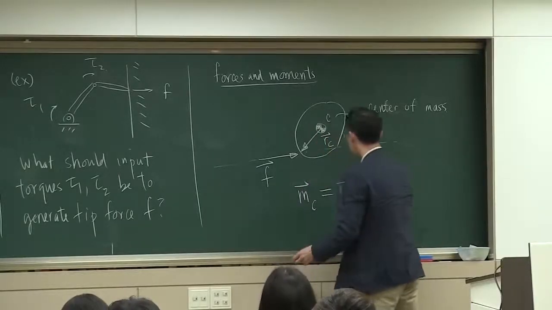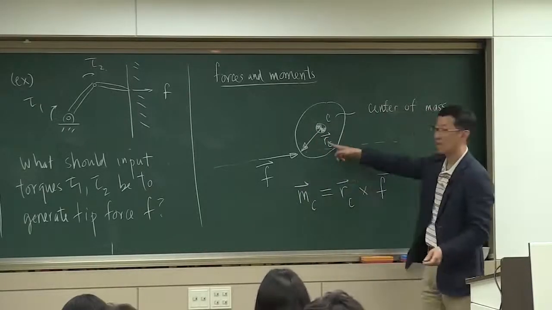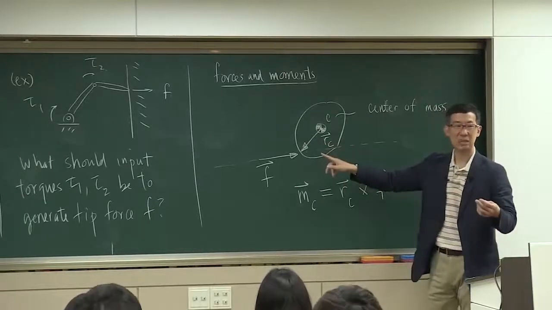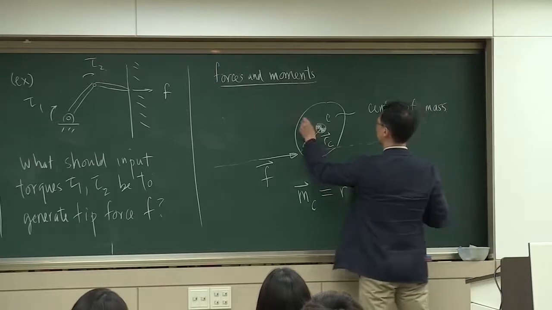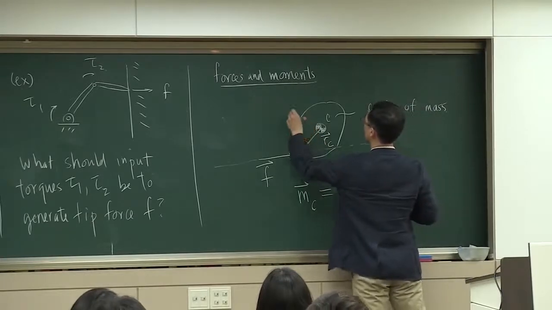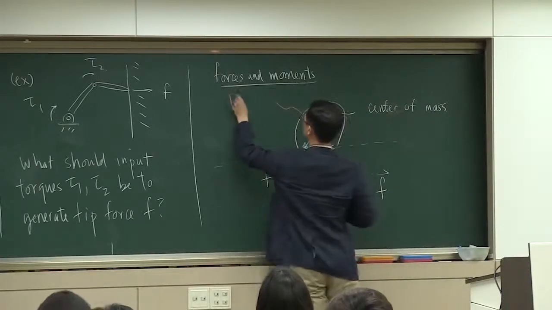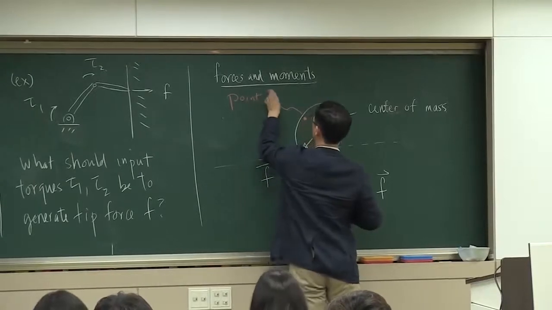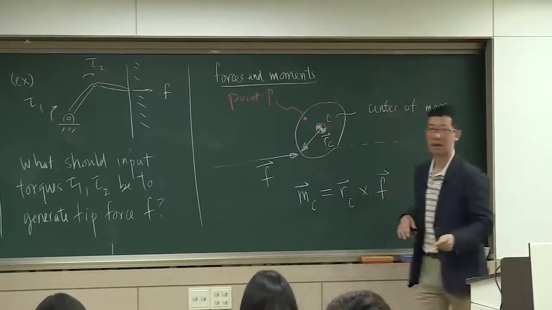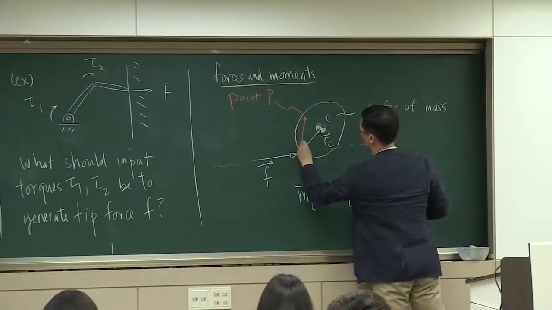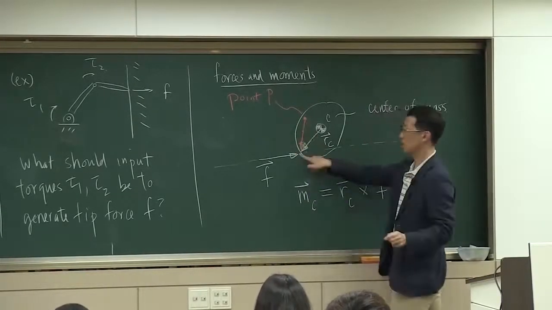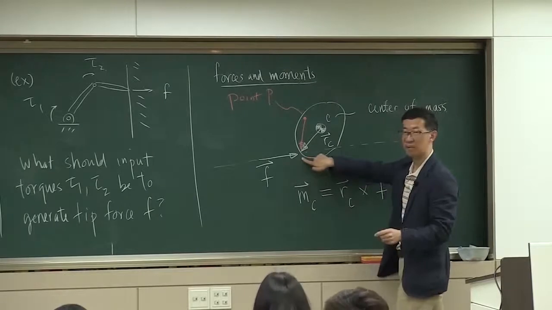You can define the moment with respect to the center of mass, but in fact you can define the moment with respect to any point. If I have some point, say here, let's call that point P, then I can define another vector from point P to the point at which the force is being applied.